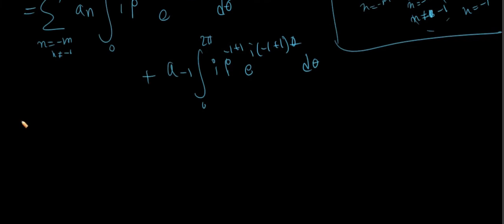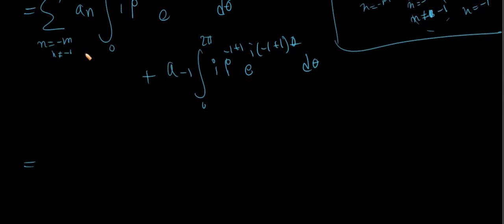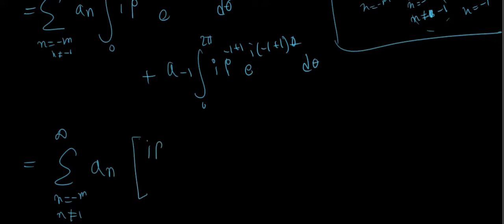Now carry out the integration. So the integration will give us something like this, that is this integration over here. If you carry out this integration, you will have something like this. Summation over n equals -m to infinity, where n is not equal to -1, there is this a_n, and I carry out the integration, and this is just i rho to the power n plus 1. Now let me just write exp instead of e because there will be more terms.